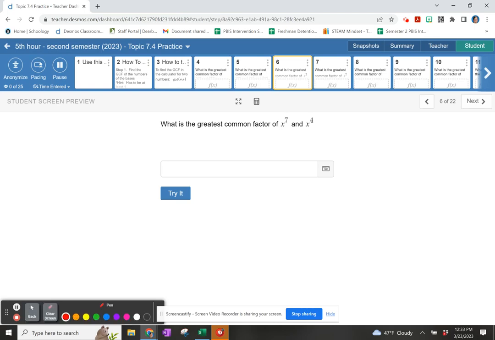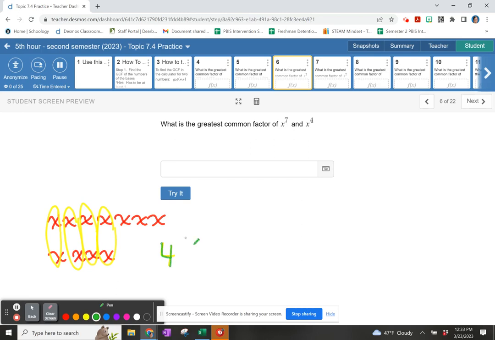Now for this problem, we can't do it in the calculator, but if you need to write it out in expanded form, please do so. x to the 7th is really 7 x's being multiplied together, and x to the 4th is really 4 of them. Together, you want to see how many they share, and they share 4.